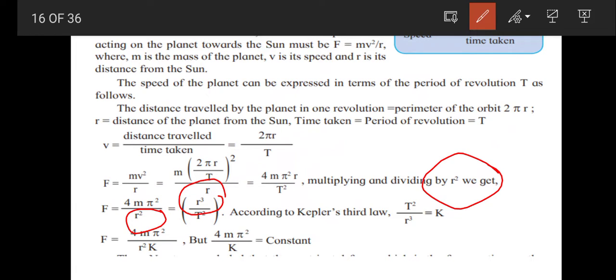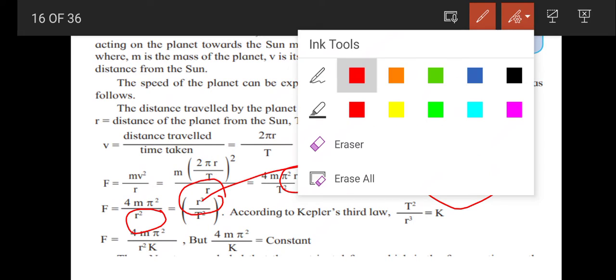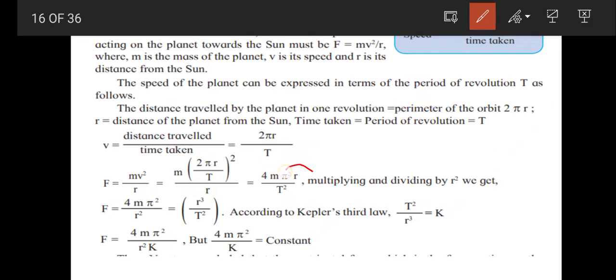Now students, it's very interesting how that r cube is obtained. Actually in our derivation only one r is there. So in order to adjust the power, here is only one single r, and here you may say r square and here r cube. When you cut r square by r cube, that means 3 minus 2, only one r remains.